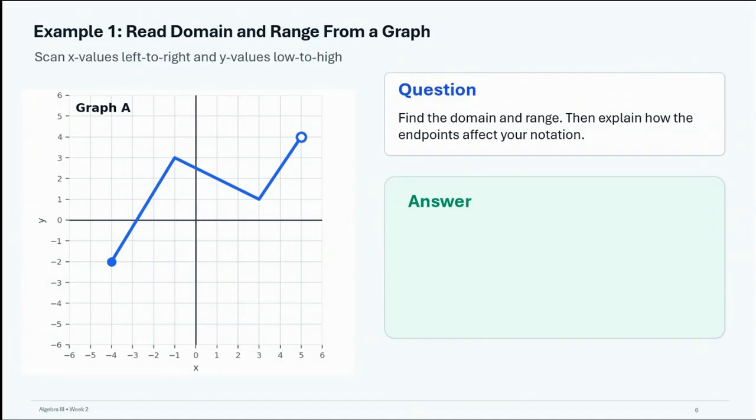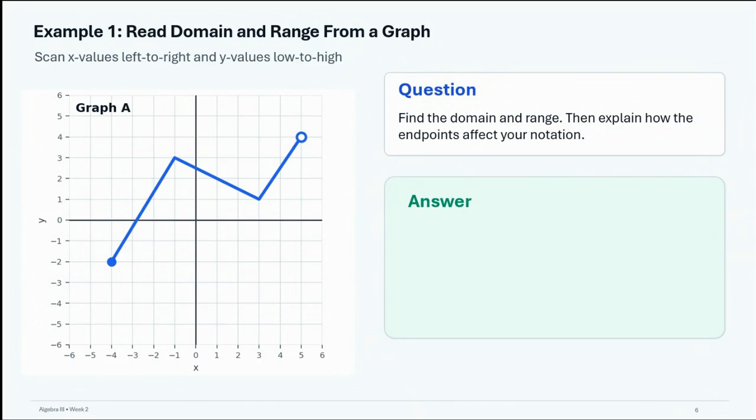All right, I'm seeing brackets and parentheses. That's good because we have a solid circle on one end. We have an open circle on the other end. So anytime you do domain and range, make sure you're using parentheses or brackets, whichever is appropriate. But I'm seeing -4 to 5.